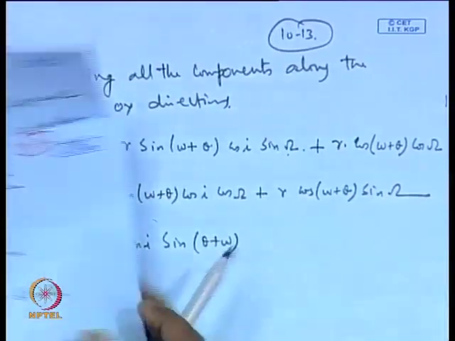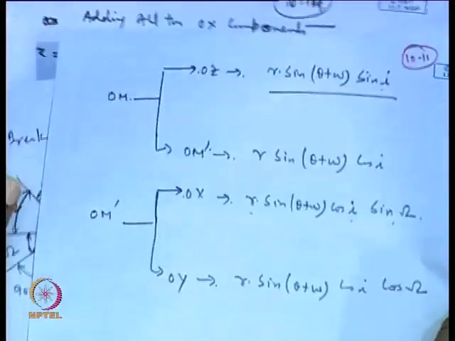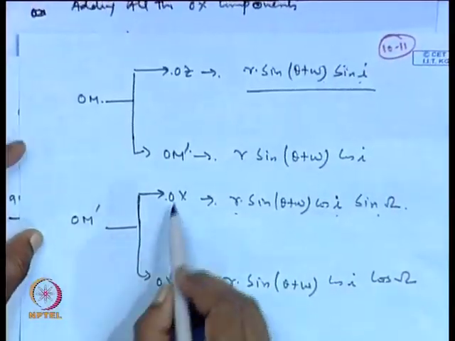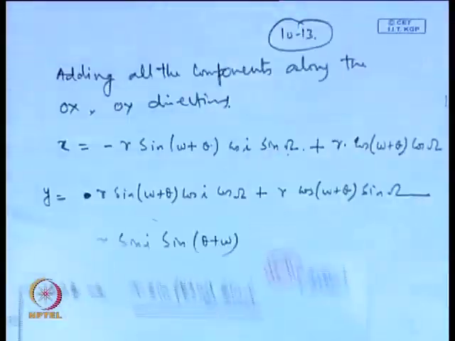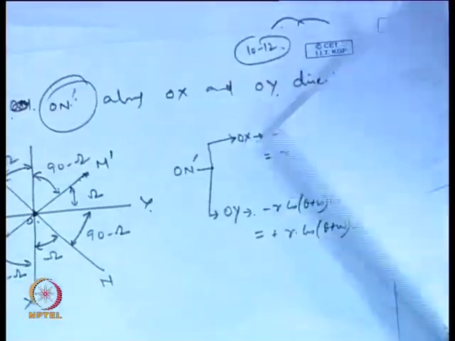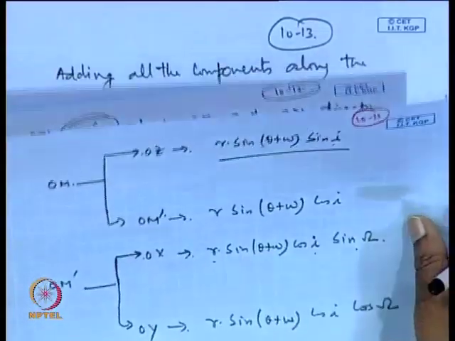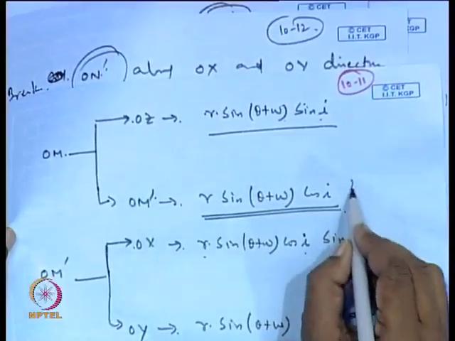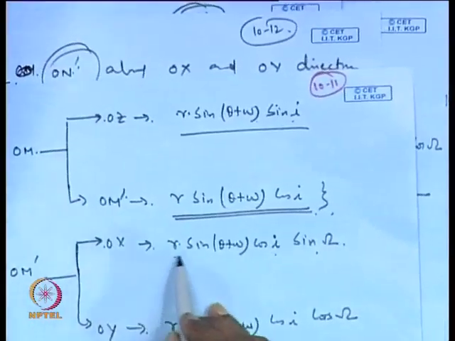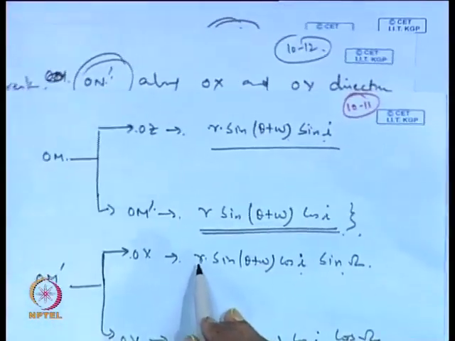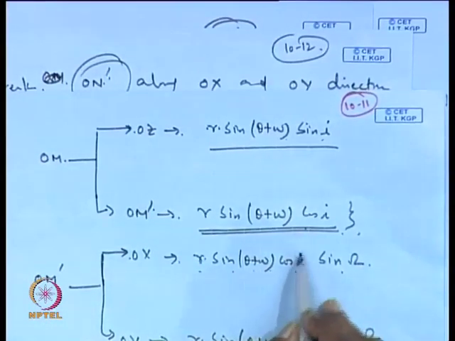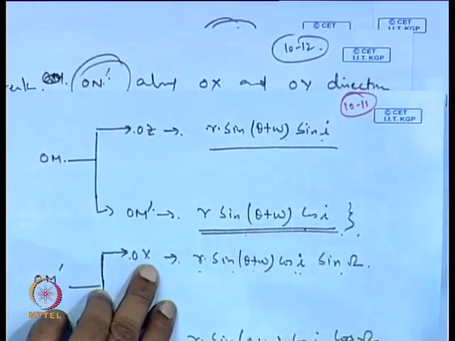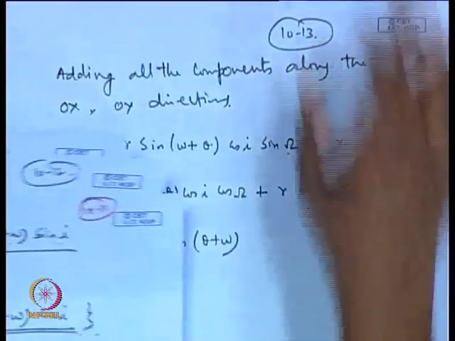Okay. This is O m prime, we have broken along the O x direction and the O y direction. So, for O m prime we had here O m prime is given here itself. Okay. So, this O m prime we are breaking along the O x direction. So, along the O x direction, this is r sin(theta plus omega) cos I, which is copied from this place, and then along the O x direction. So, O m prime once we are breaking.